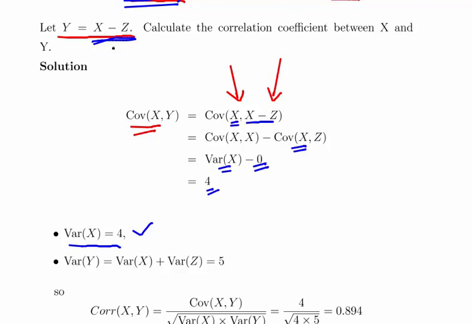That's important. That is not a typo. It's plus. If you add the sums, x plus z, you'll get the same variance. So the variance of y is 4 plus 1, which is equal to 5.